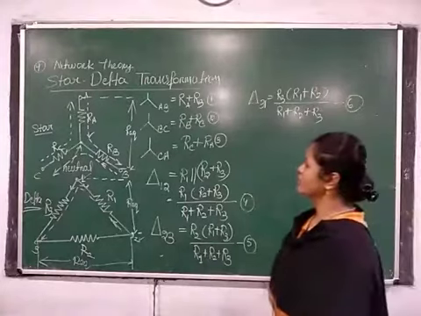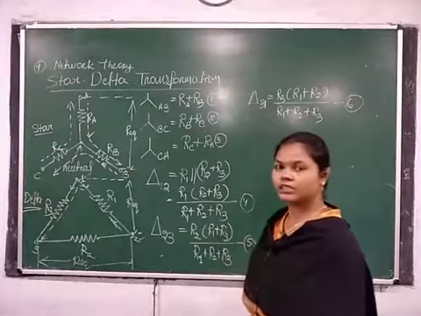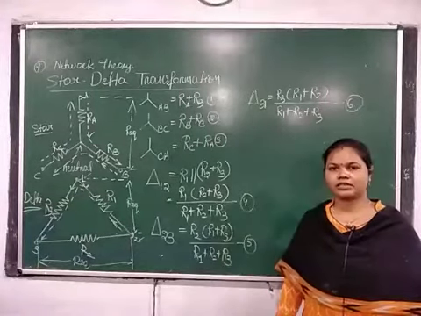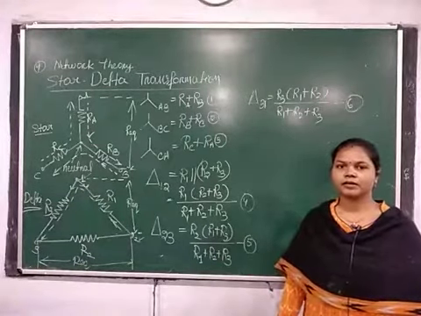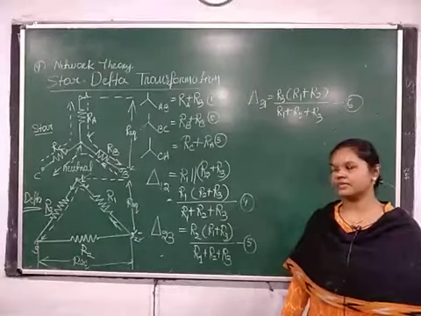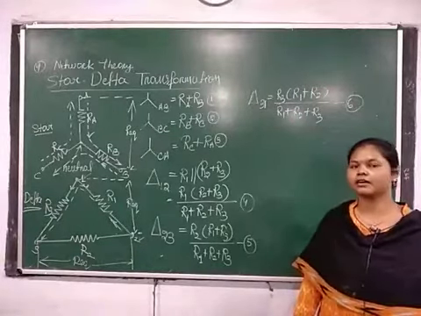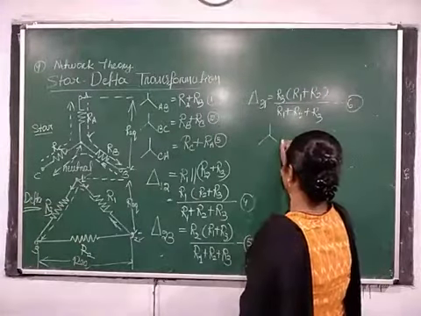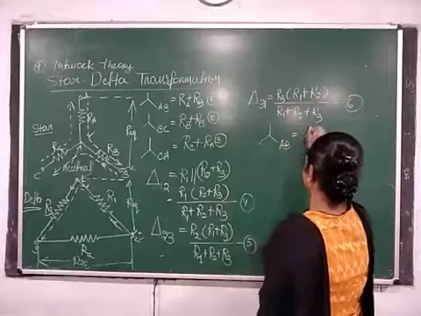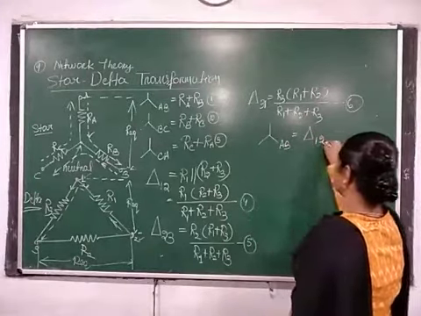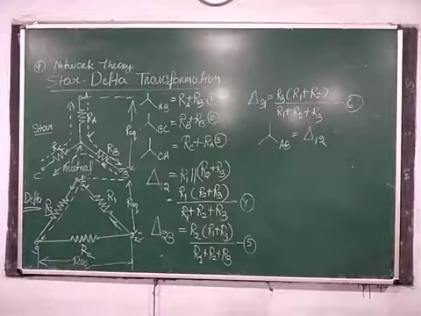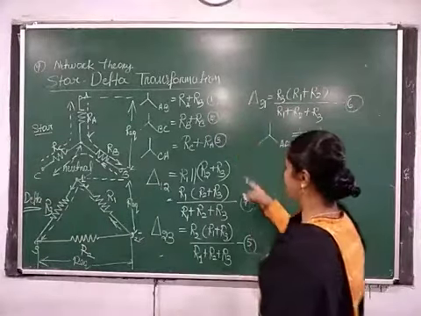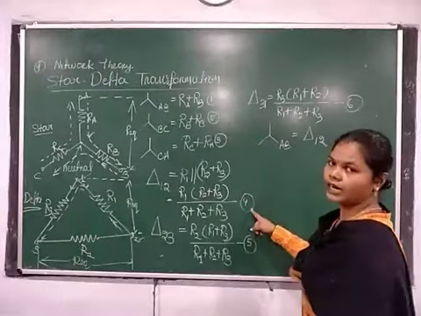Now, I said before that star and delta are the two configurations of a three-phase system. Their terminal resistances, whether star or delta connection, are equal. It means the resistance between A and B in the star connection is equal to the resistance between 1 and 2 in the delta connection. Equation 1 and equation 4 are equal.